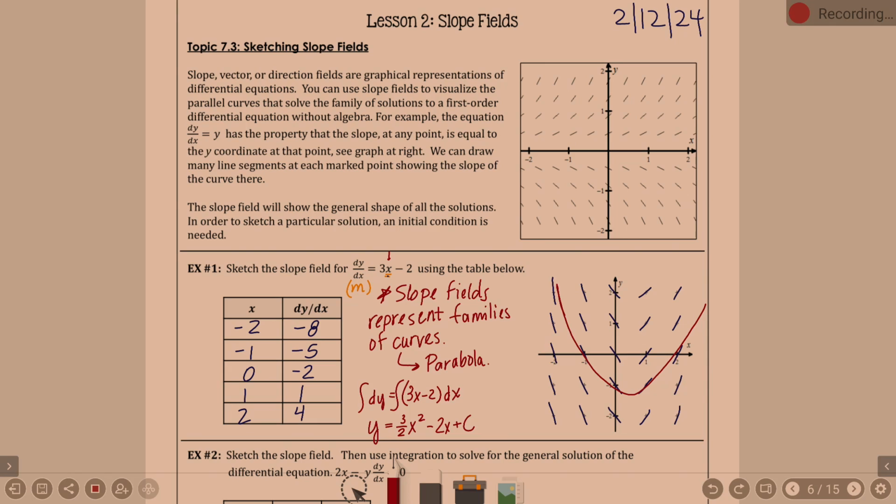There was no y, so we only needed x values in this one. I will say if only it could be that nice every time. We only needed x values because there's only an x in that differential equation.